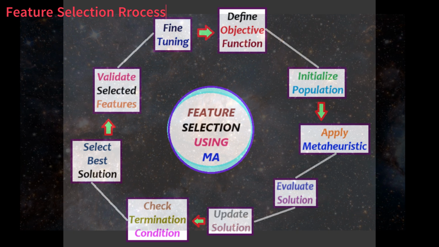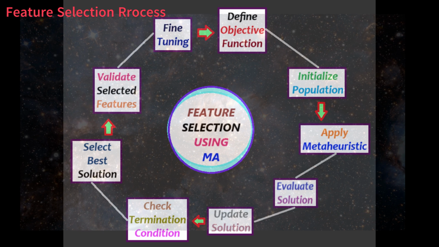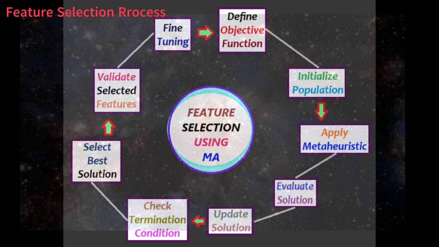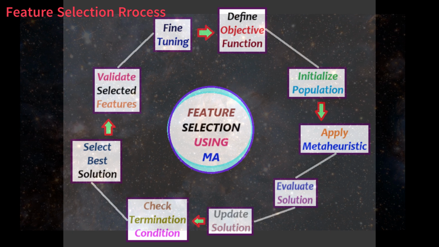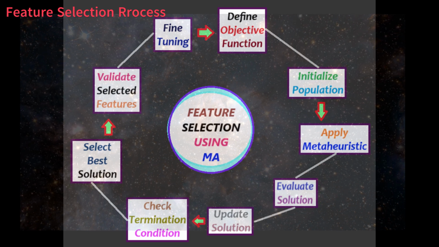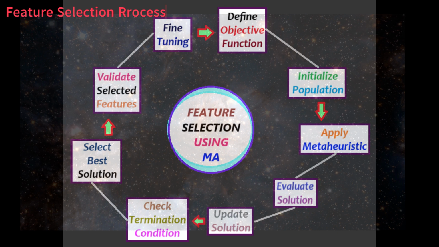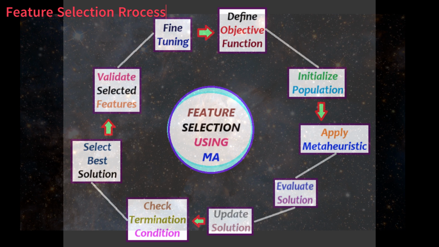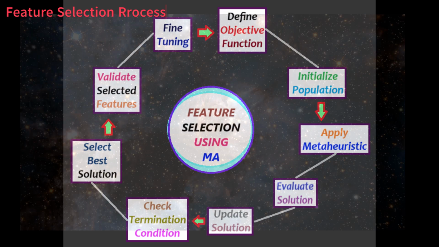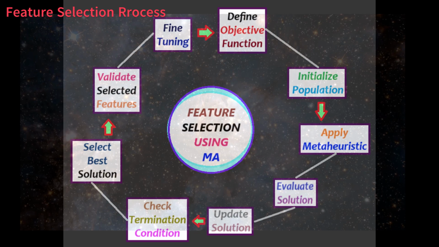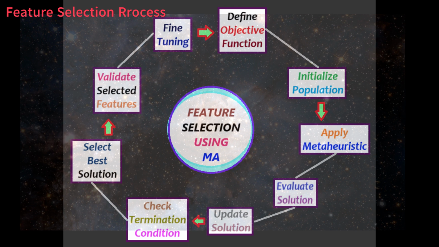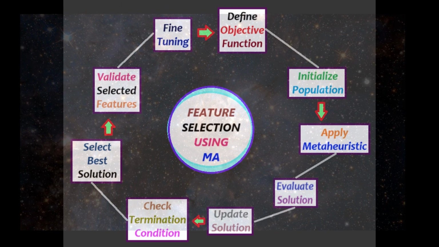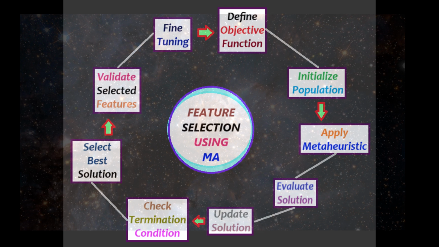In each iteration it also generates new solutions, that is, feature subsets, based on the current solutions and their fitness values according to the objective function. When new solutions are generated, we evaluate each candidate feature subset using the objective function to determine its quality.